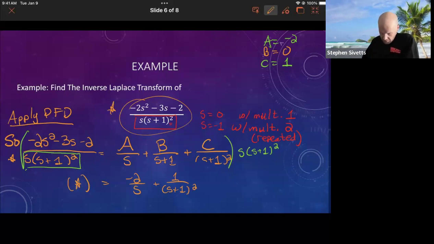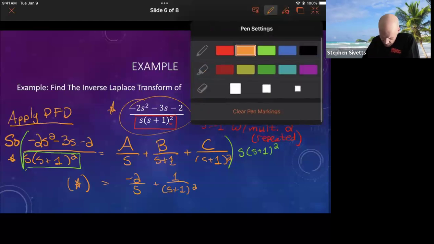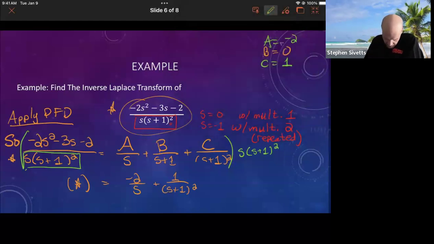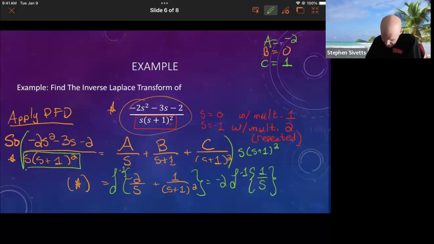Great. So now we're going to apply the inverse Laplace transform to these terms here. So this equals minus 2 times the inverse Laplace transform of 1 over s, and then plus the inverse Laplace transform of 1 over s plus 1 squared.